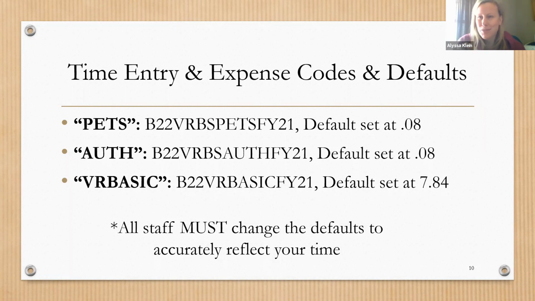So you see the PETS within there. And the default for all staff would be at 0.08. AUTH, you'll see the AUTH listed within that longer code, and the default for AUTH is also 0.08. And then VR Basic, the default would be set at 7.84.